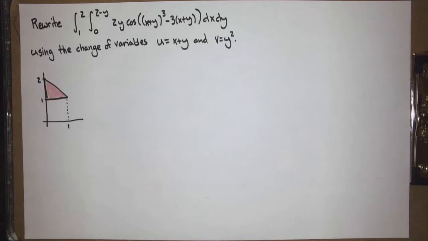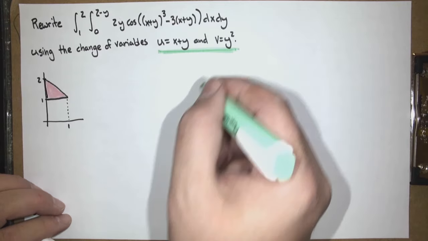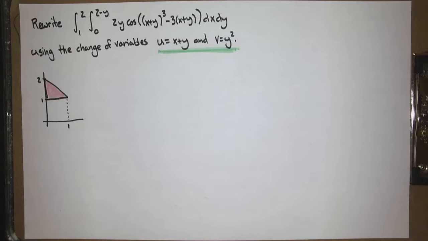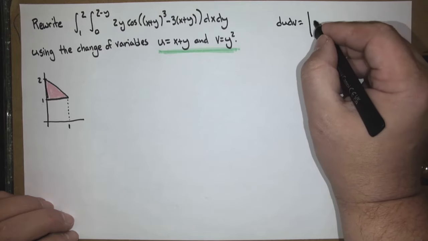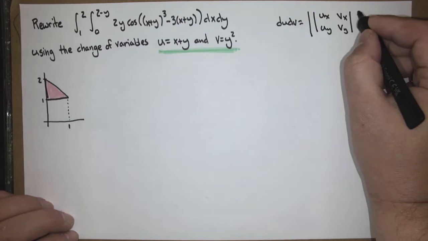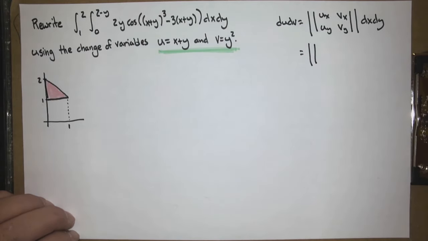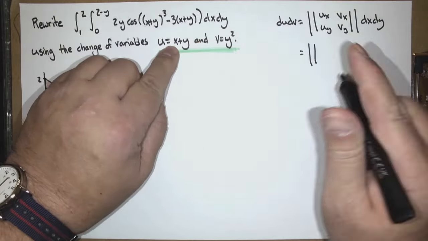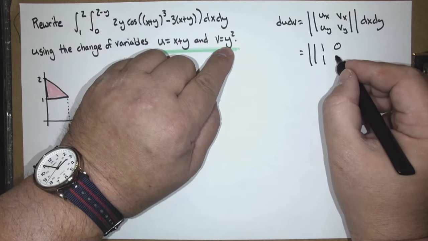Okay, all right. So we have our change of variables. This will seem very familiar now that we've done these things. They handed it to us, so we're not going to question their gift. We're going to use it. So we have du dv equals the absolute value of the determinant of u sub x, u sub y, v sub x, v sub y, times dx dy.